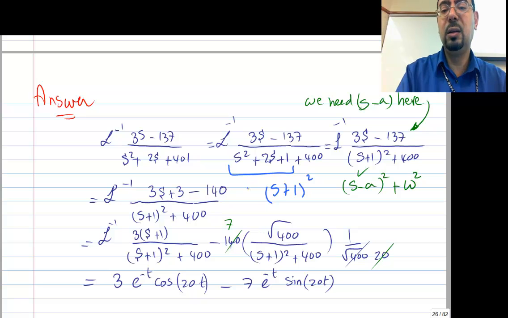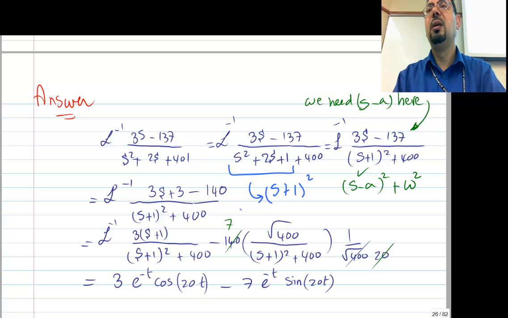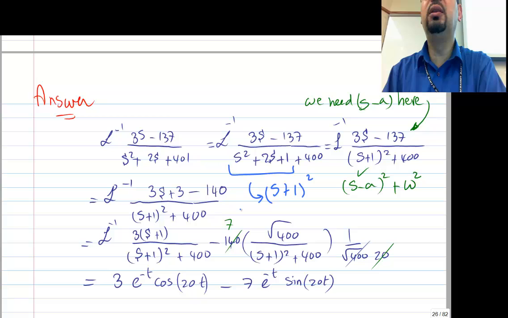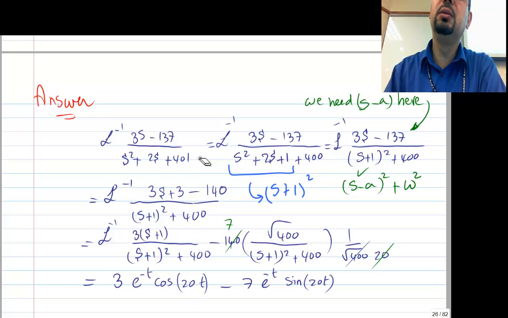Is that clear? So how can we get the 1? Well, we have 401. We bring 1 from there. And even if we had 0, we would add 1 and subtract 1, right?